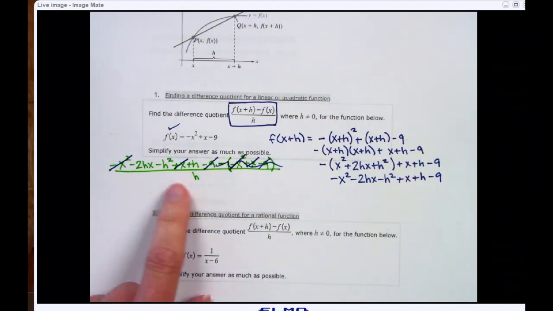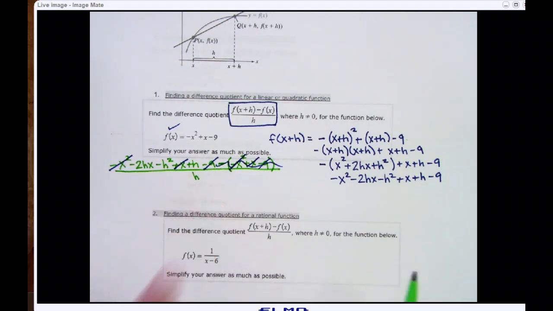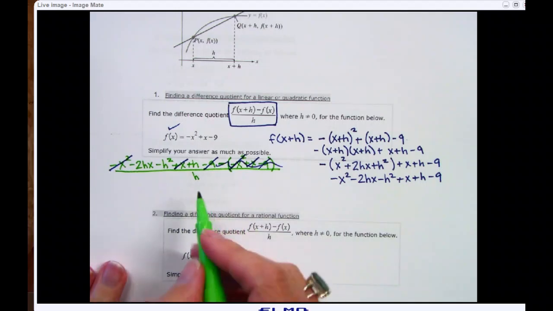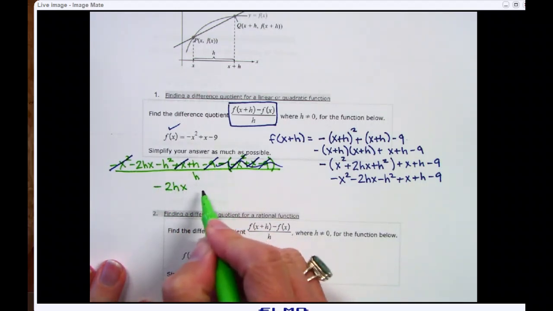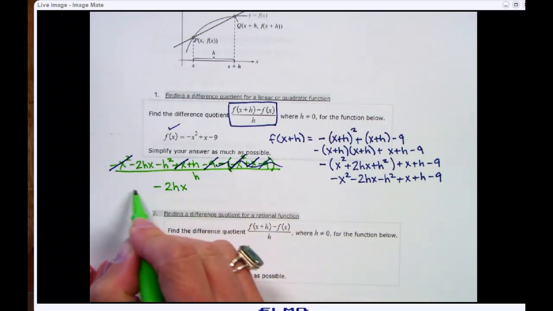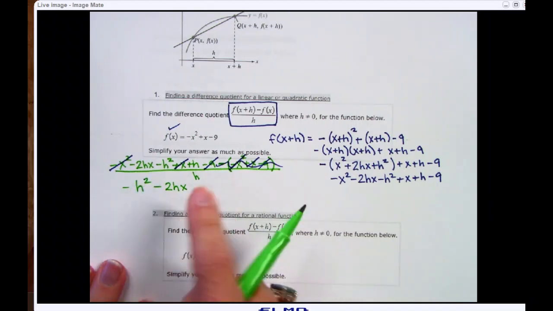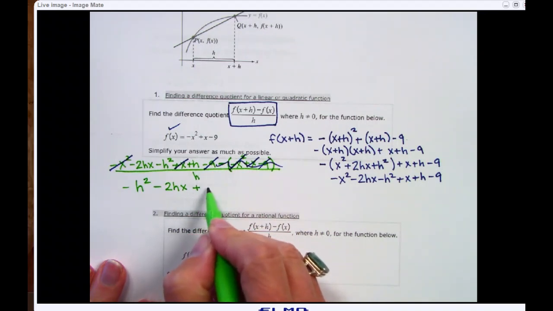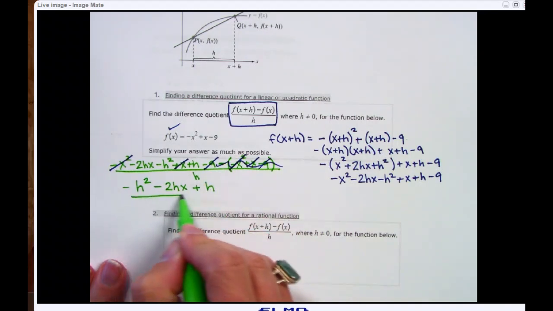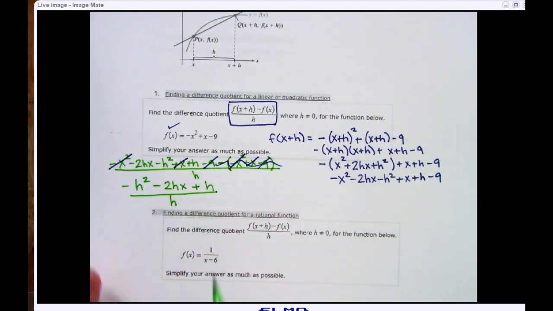So now I am left with, slow up for a second so you can get your notes going, negative 2hx. I'm going to put minus h squared in front just because sometimes I like to have things in descending order. Plus h all over h. Any questions to that point?